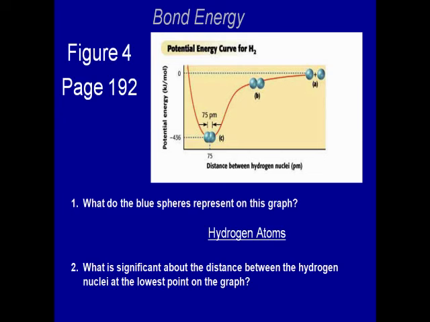And you can see that the potential energy values are starting to decrease. As we move from point B to point C, this is the lowest potential energy point along the graph. This is where a bond has formed. So the lowest point on the graph corresponds to bond energy.